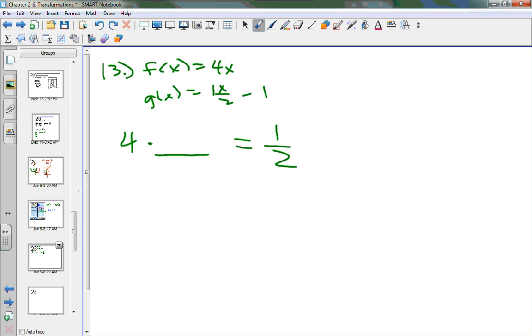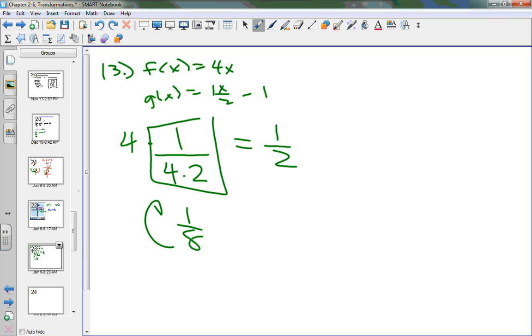So the only way that can cancel out is if I have a 4 in the denominator, right? Again, I need that to turn into a 2, though. So I need to not only have a 4 down there, but also a 2. And what do I want to have on top? A 1. So what this number right here multiplied together gives you the 1/8. So I know I'm compressed by 1/8. Did we see that? I'm compressed by 1/8.